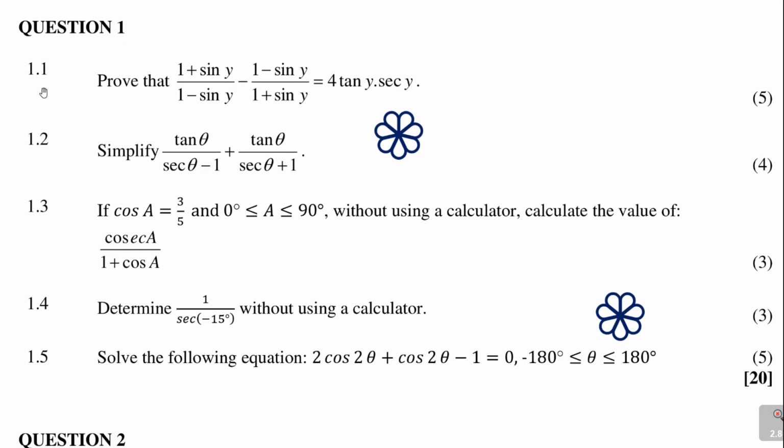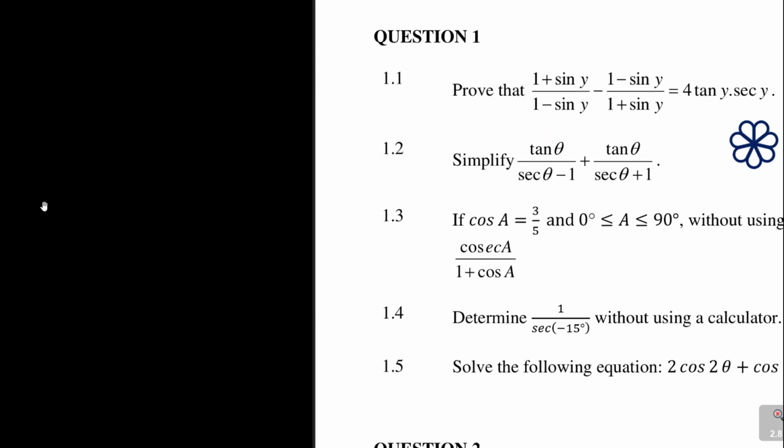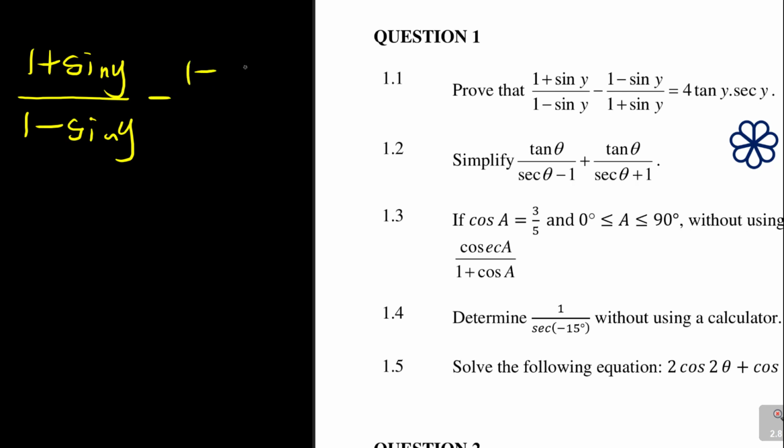It says here, prove that, and you are given a trig identity, out of 5 marks. We want to look at this trigonometry and ask ourselves what we could have done. You are given (1 plus sin y) over (1 minus sin y), minus (1 minus sin y) over (1 plus sin y).